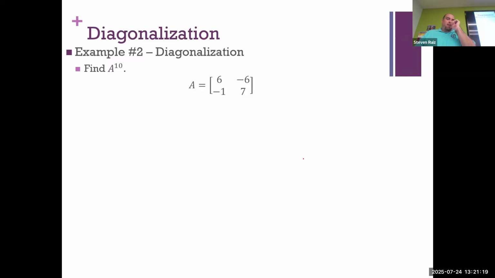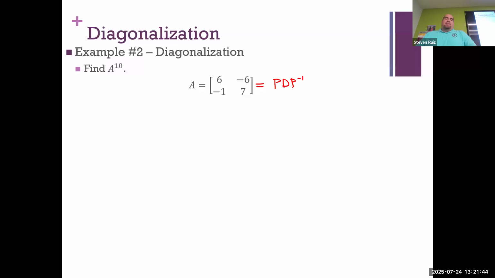What if I promised you that A could be diagonalized? If A can be diagonalized, then how do we write it? Or how can it be written? PDP inverse. I haven't found these things yet, but I'm promising you they exist.